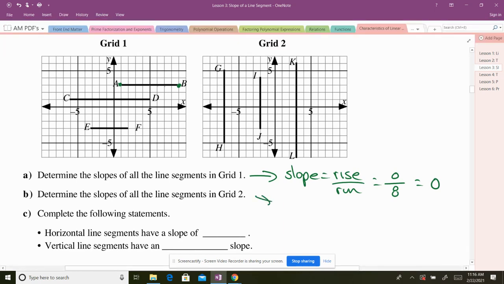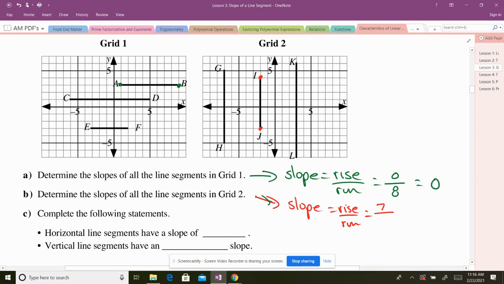Grid 2. Why does it not change? Okay, grid 2, slope. Which line do you want to do? GF, IJ, or KL? IJ, okay. So, what is the rise of IJ? 7.